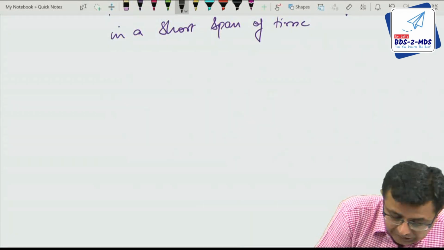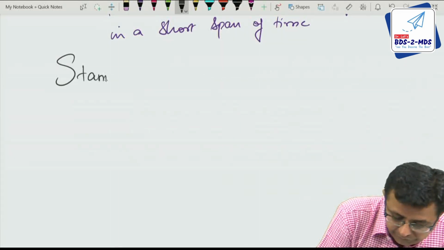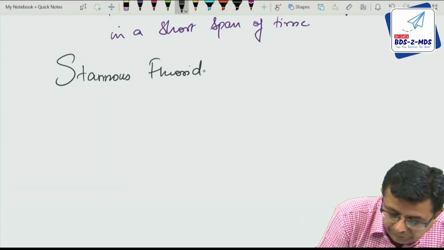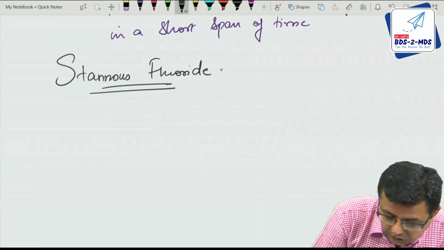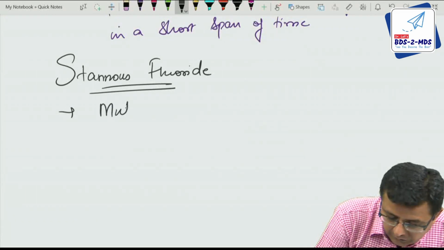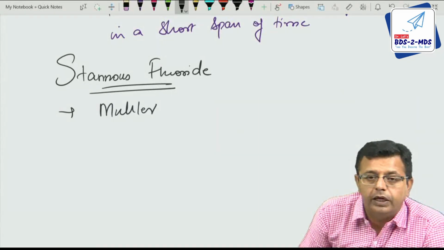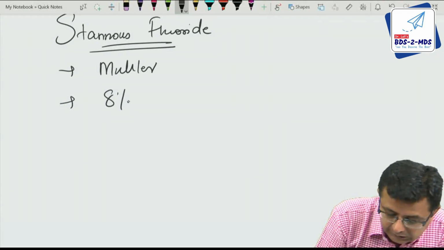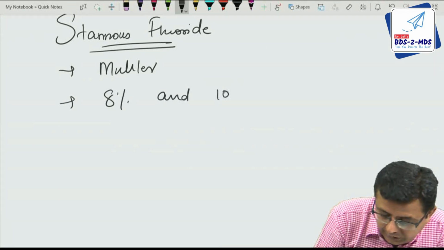Similarly, you have stannous fluoride. Stannous fluoride was introduced by Mueller. There are 2 concentrations, 8% and 10%.